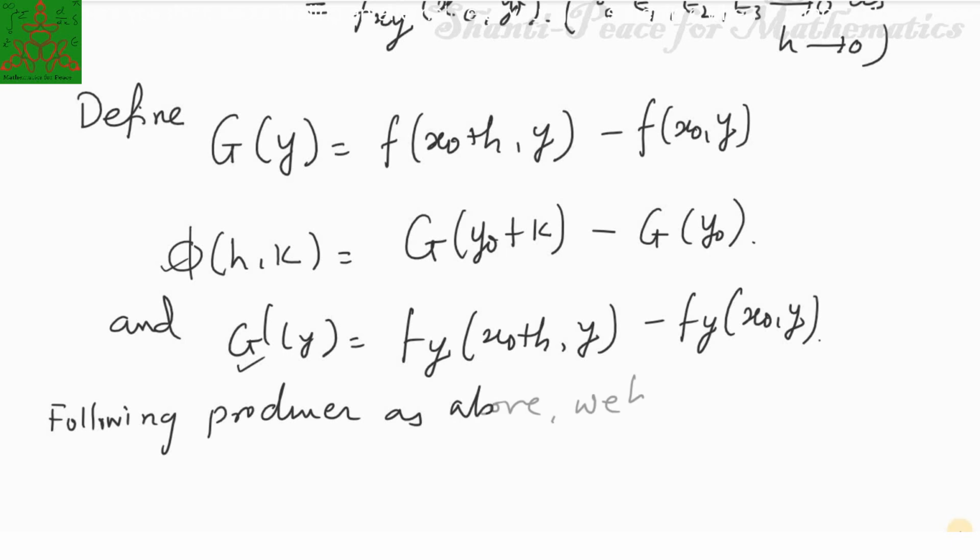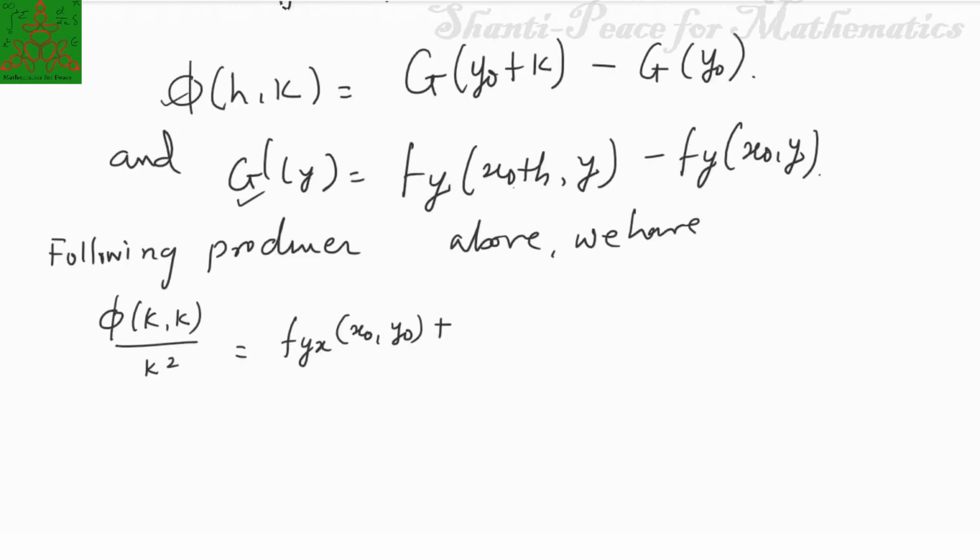as above, phi k upon k square will be fyx at point x0 y0 plus, instead of theta, we might have theta 2, epsilon 4 k into theta 1 k plus epsilon 2 k into theta 2 k.